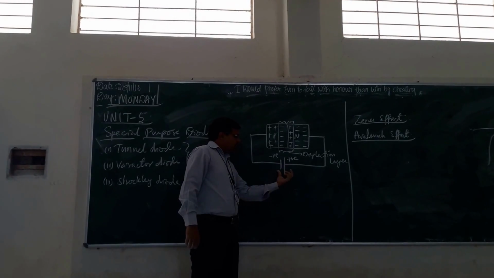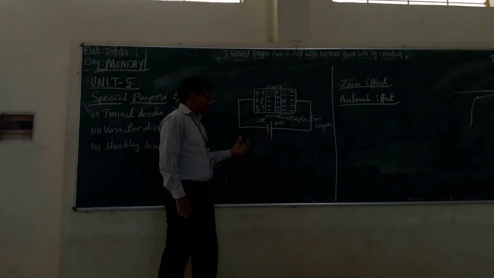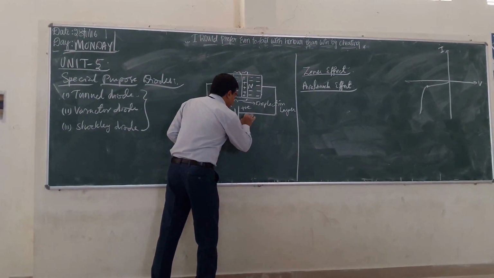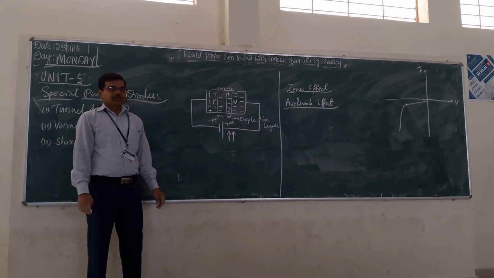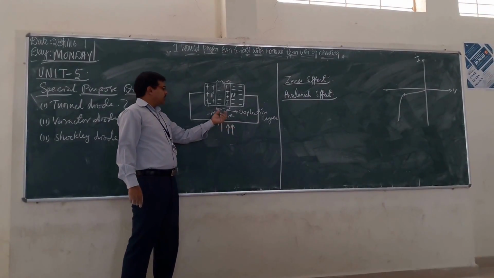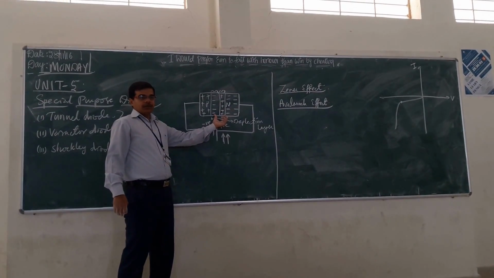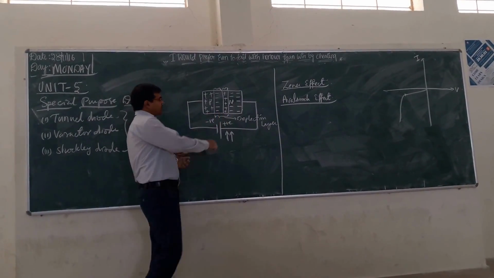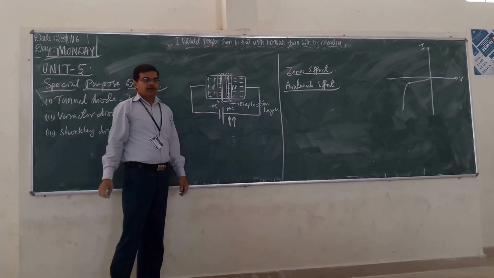Now, when we give a DC voltage and keep increasing this DC voltage, there will be an effect on the depletion layer. The effect is a reduction in the depletion layer.